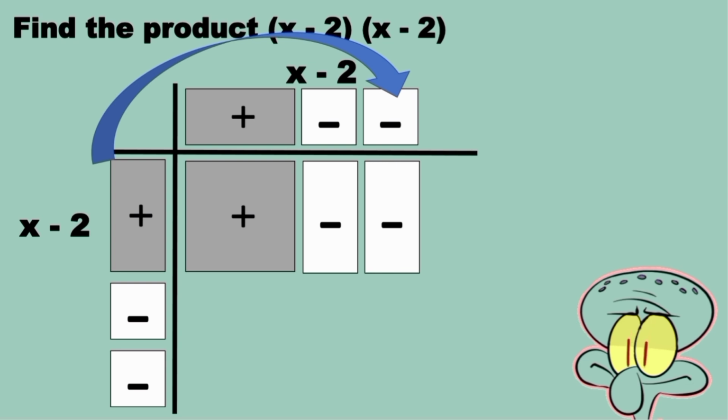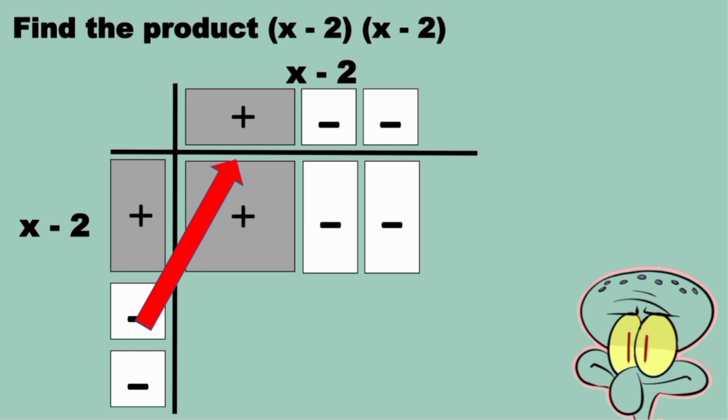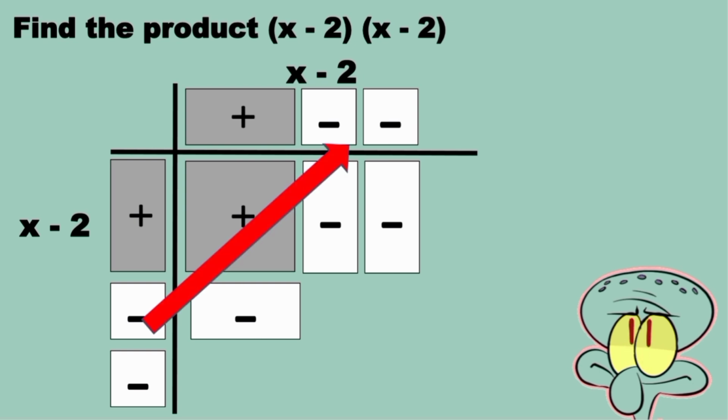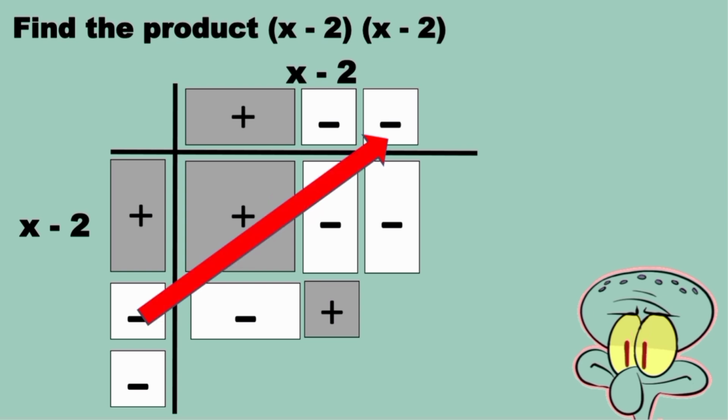Now let's proceed to the second term. Negative 1 multiplied by positive x is negative x. Negative 1 multiplied by negative 1 is positive 1.